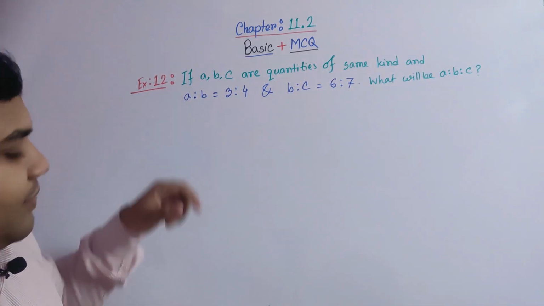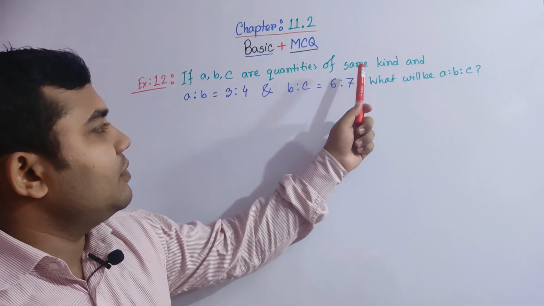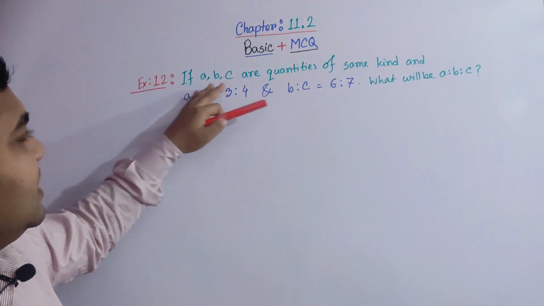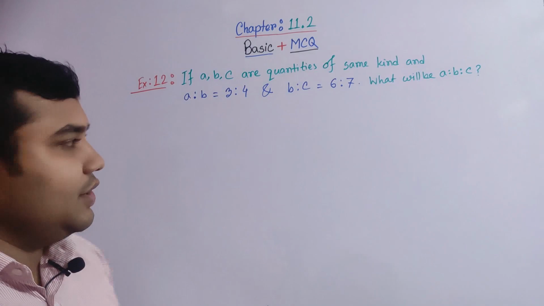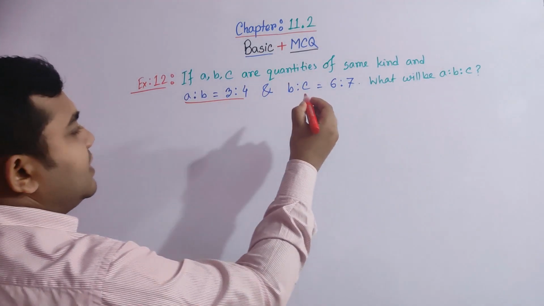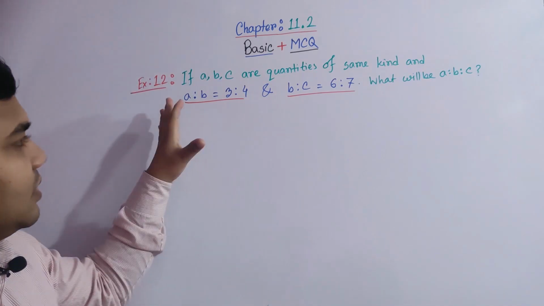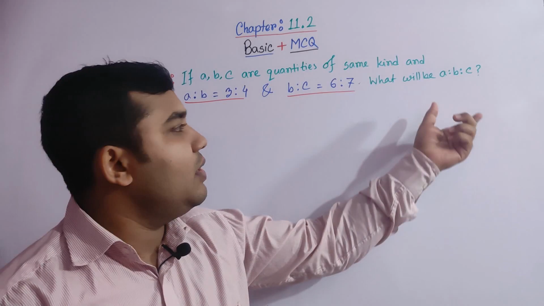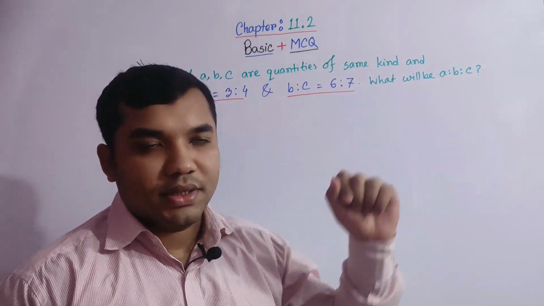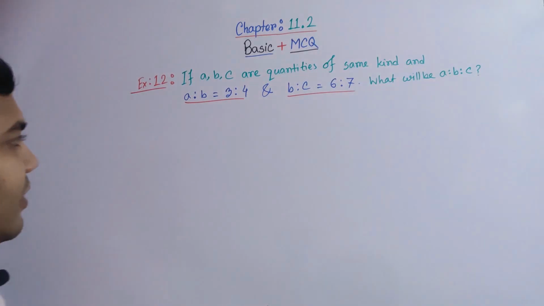Here it is given that A, B, C are quantities of the same kind, and A is to B equals 3 is to 4 and B is to C equals 6 is to 7. We have to find the value of A is to B is to C. First of all, we have to do some calculation.